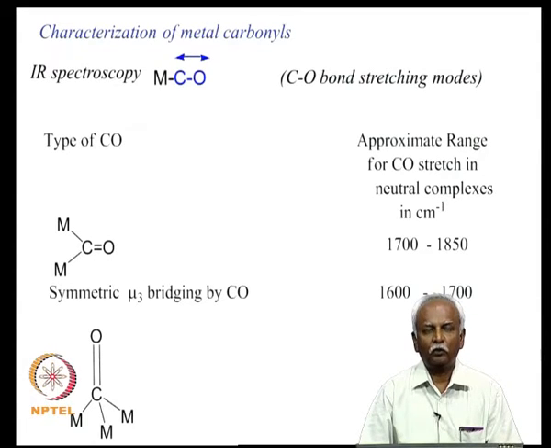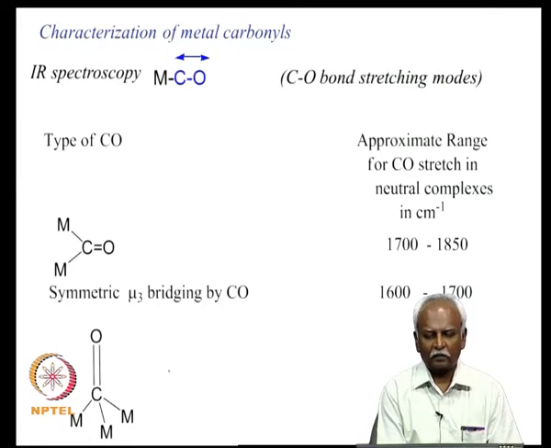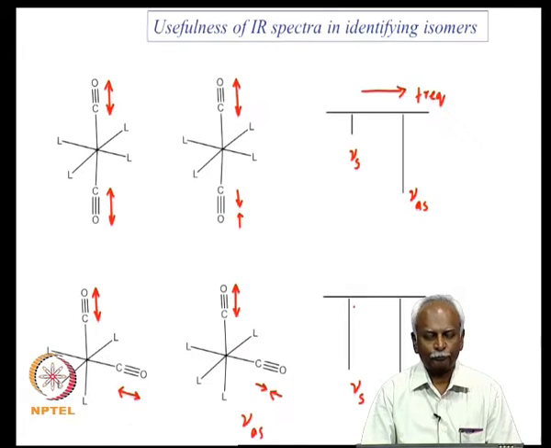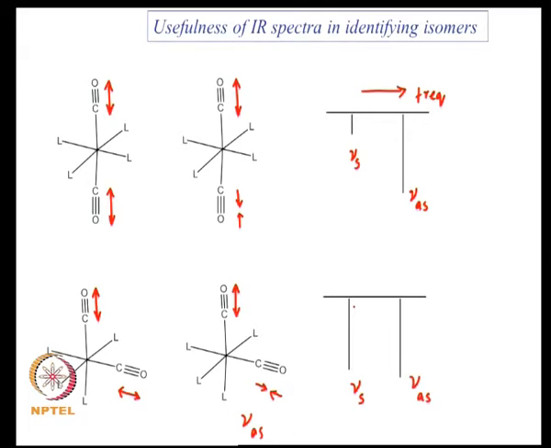In those cases the carbon monoxide is in fact more like a ketone, a C double bond O or a C plus O minus species. So, you have very low carbon oxygen stretching frequencies, and it is very useful to use carbon monoxide to identify the type of compounds that they form.